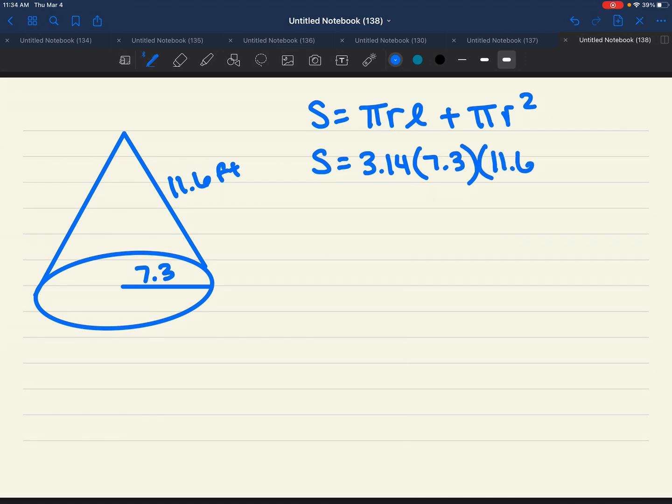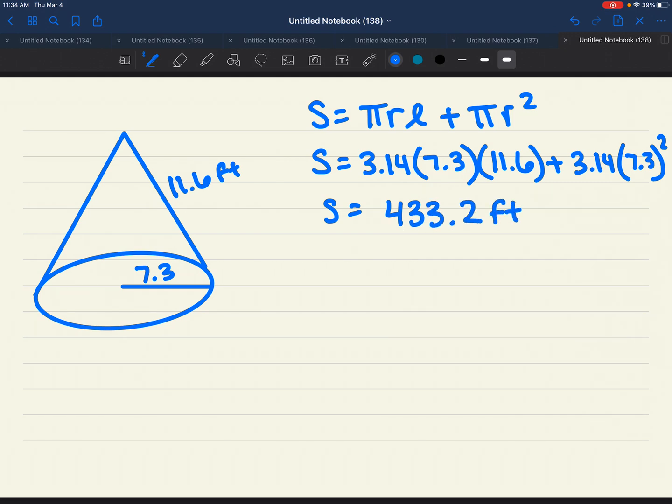What would I plug in for the slant height? 11.6. Very good. Can you type that whole entire thing into your calculator? Somebody do that for me. If it gives you a long decimal, let's just round to the nearest tenth, please. 133.2.